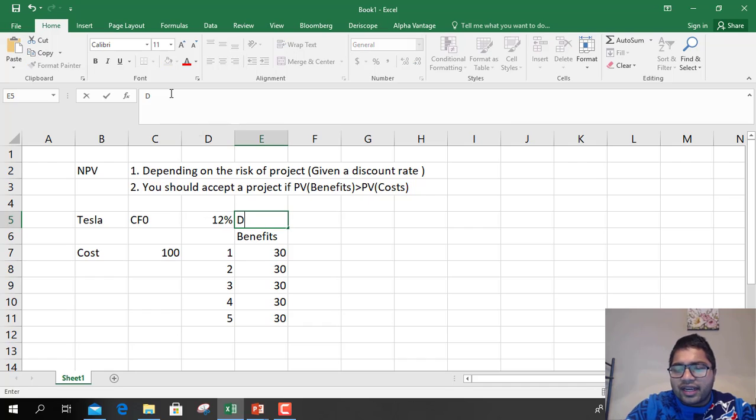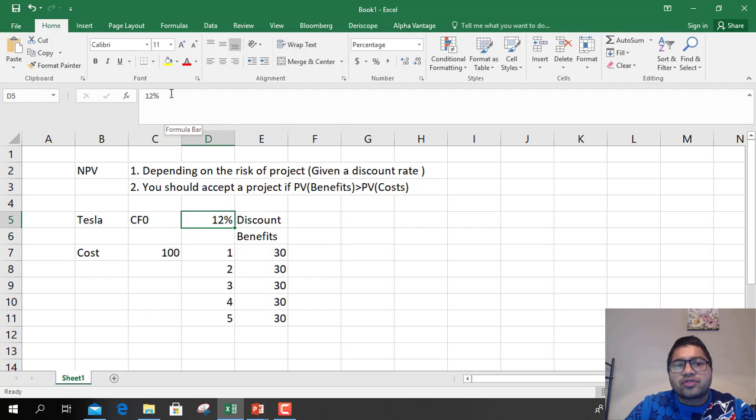So the discount rate that you are considering is 12%. The required rate is 12%. How do you get this rate? There is no formula for that. This rate is decided looking at the risk of the project. So it is kind of a hunch.